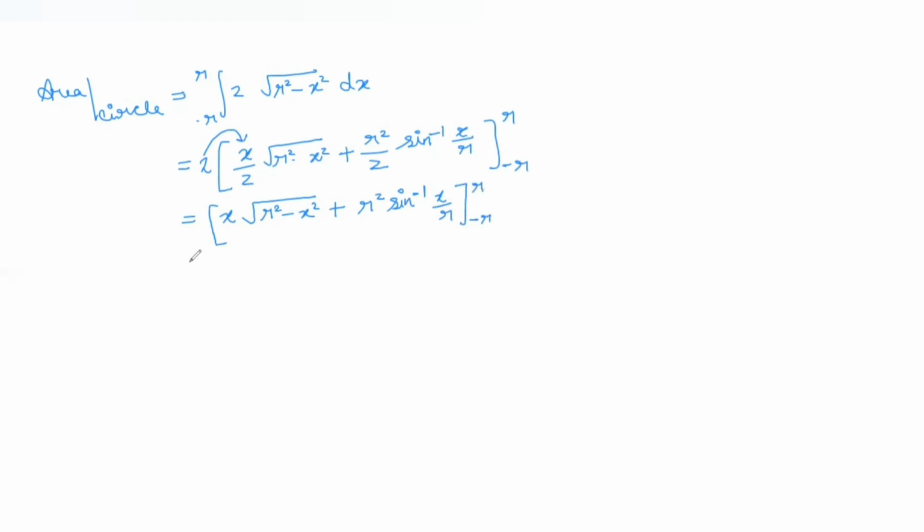Now by calculating this limit, first we'll apply the upper limit, which gives us r under root r square minus r square plus r square sine inverse r upon r, minus, now we'll apply the lower limit, which gives us minus r times under root r square minus r square plus r square sine inverse minus r upon r.